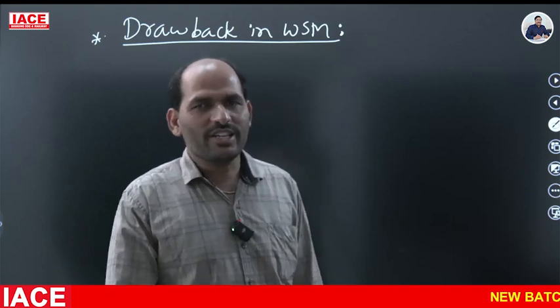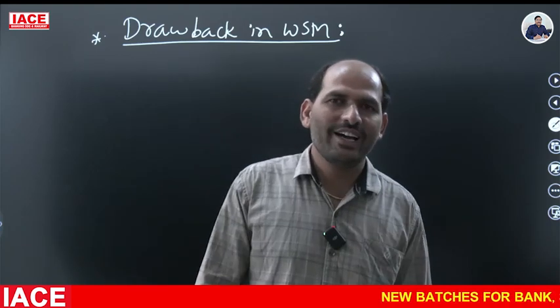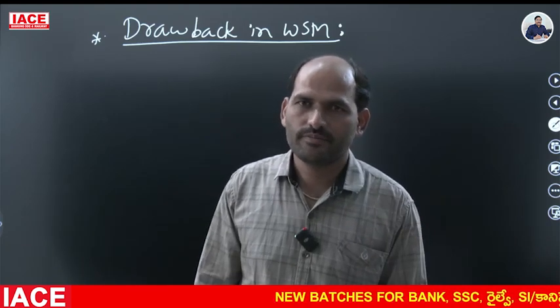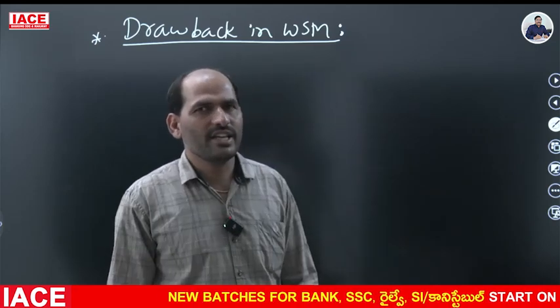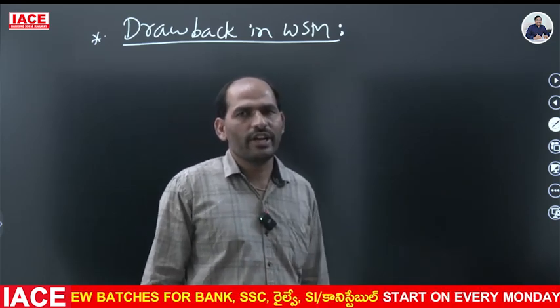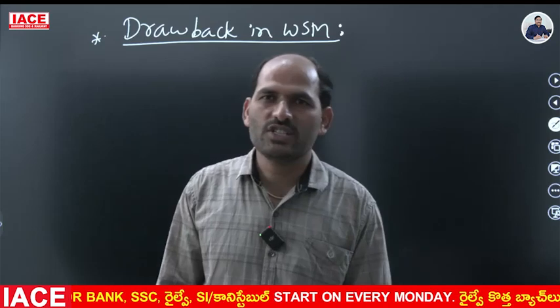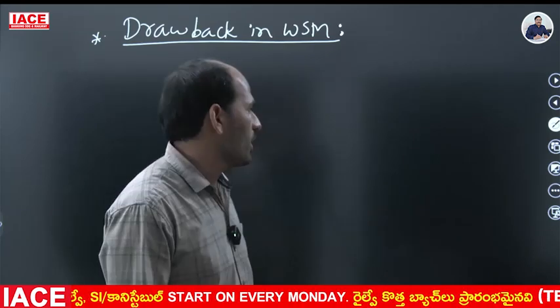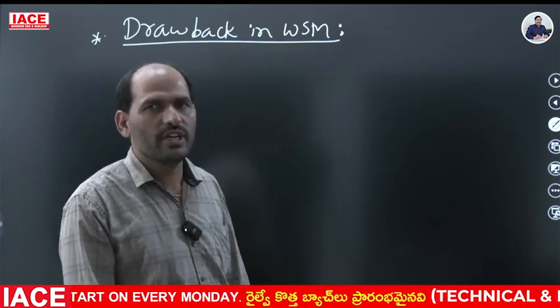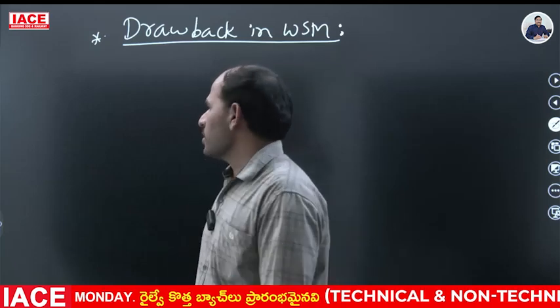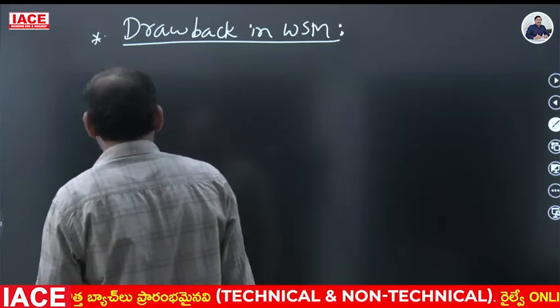Because after the working stress method, now we use the limit state method. That means for the design of concrete members, we use the IS 456-2000 code, right? IS 456-2000 code. So here are the drawbacks of the working stress method.